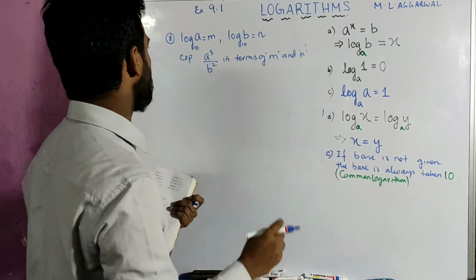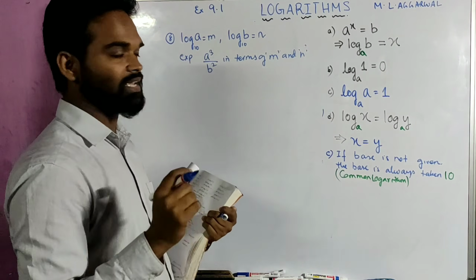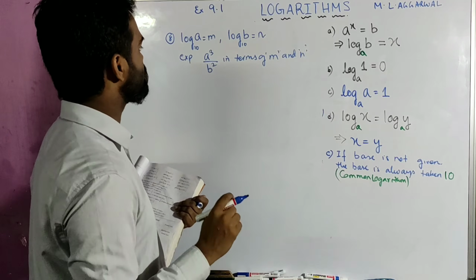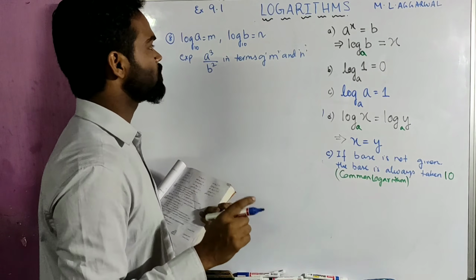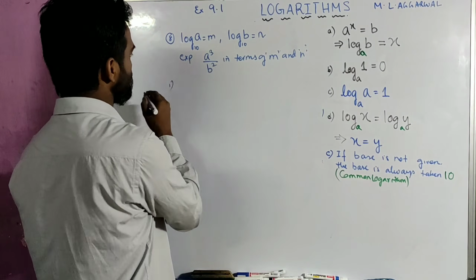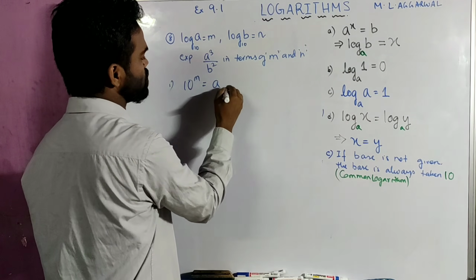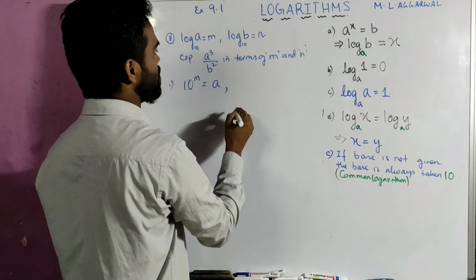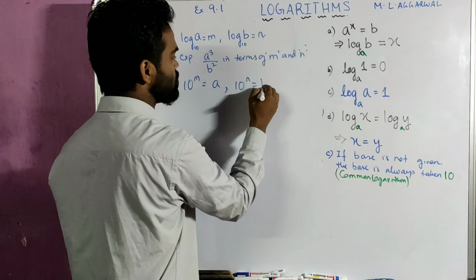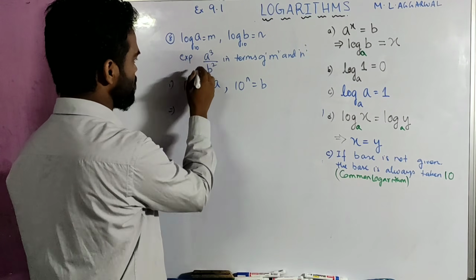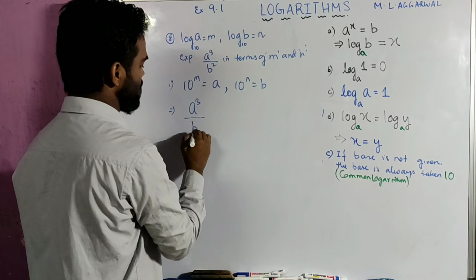Now we look at the next sum. Now look at sum number 8. Log a base 10 is m, log b base 10 is n. Express a cube by b square in terms of m and n. Easy. First, we can write from the first expression 10 to the power m equals a. From here we can write 10 to the power n equals b. Now look carefully, they have asked a cube by b square.